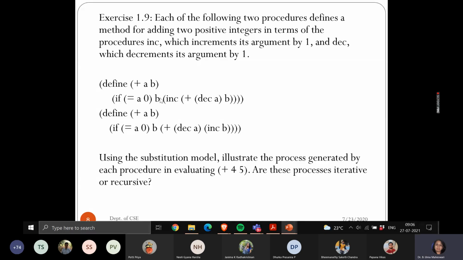There are two procedures for doing the same thing, adding two numbers, right? What you have to do is substitute 4 and 5 for A and B and decide what the shape of the process is, whether it is expansion and contraction or iterative. Understood, right?